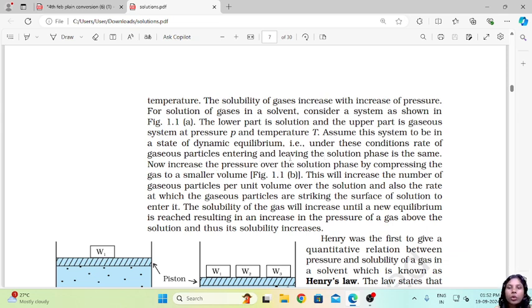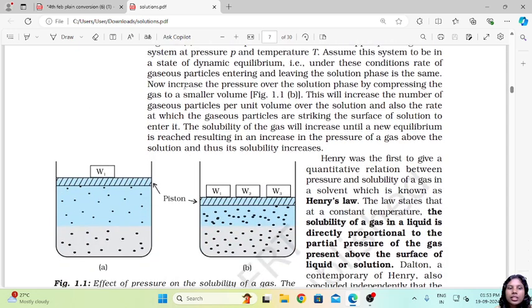Now, we are going to increase the pressure over the solution phase by compressing the gas to a smaller volume.